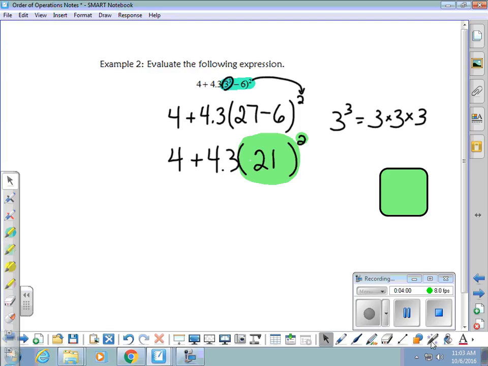Bring everything else down. And this will give me 21 squared is 441. Once I've squared that, I have no more exponents. So now I move back to multiplication and division. Notice that I have multiplication.